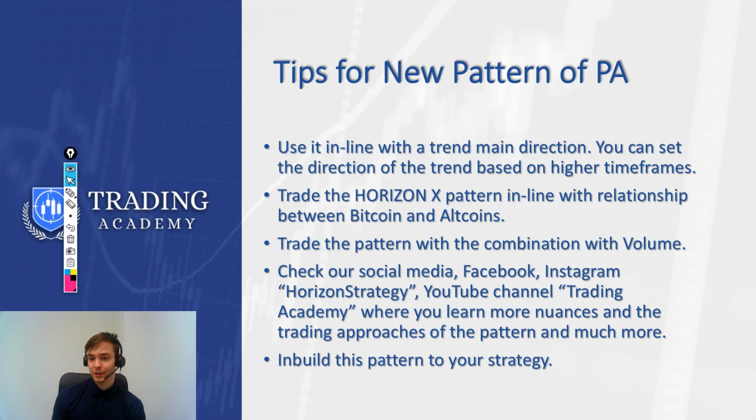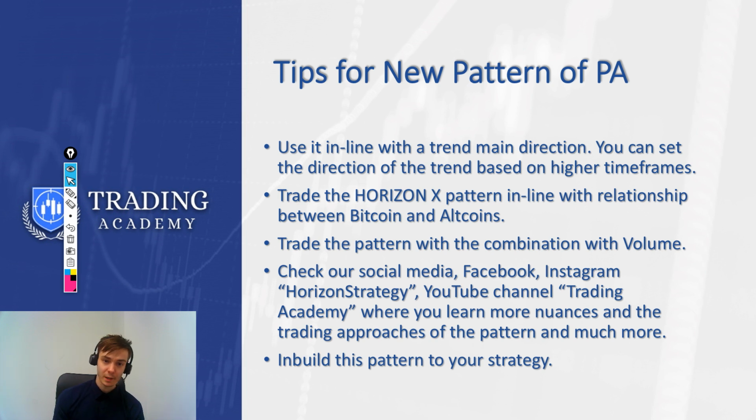Trade the Horizon X pattern in line with the relationship between Bitcoin and altcoins, because even if you have nice technical analysis and everything looks great on a particular altcoin, Bitcoin can just have a really strong move.